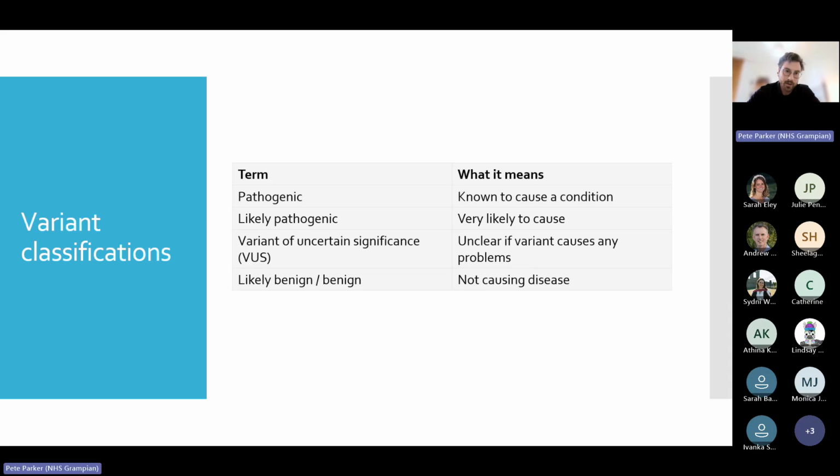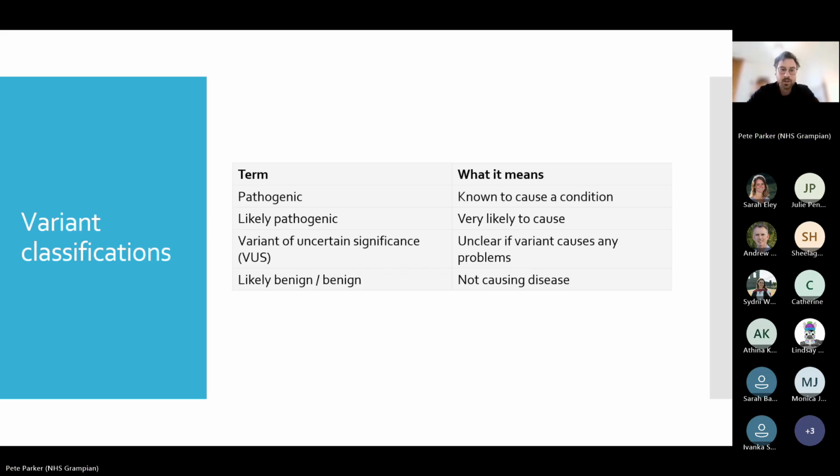Sometimes we have variants that we're less sure about, called variants of uncertain significance, and they can be difficult to manage. But sometimes we find changes in genes that we don't think are causing any problems, and we wouldn't usually put them in a report because it's not causing any problems. We'll all have lots of changes, as Lindsay said, in our genes that aren't causing any problems.